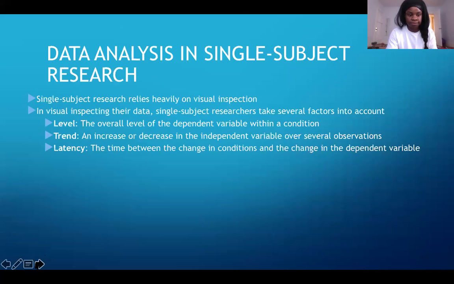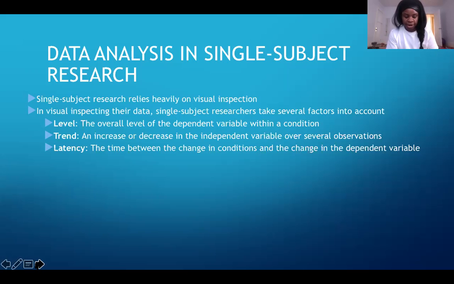But moving on, okay. Single subject research relies heavily on a very different approach called visual inspection, which means plotting individual participants' data. Single subject researchers take several factors into account: level, trend, and latency, okay? So changes in the level of the dependent variable from condition to condition is what we are referring to when we talk about level.